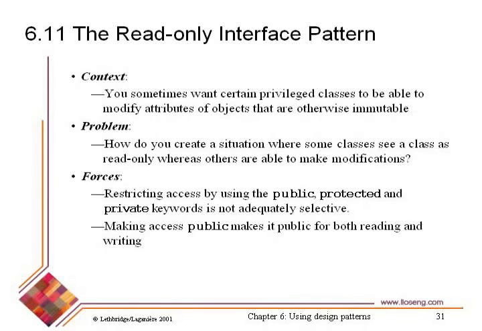So what we want to do is set up a structure that will ensure that we have the ability to control where the changes are made. The problem is, how do you create a situation where some classes can see a class as read-only, whereas others are able to make modifications? Public, protected, private, blank, those keywords that control access don't give us the fine grain of control we want here.